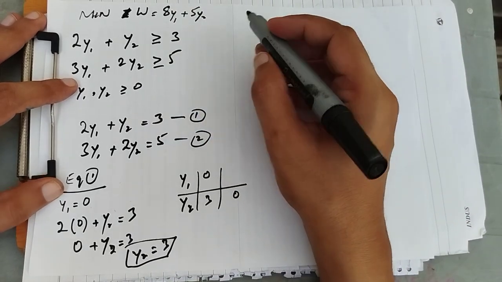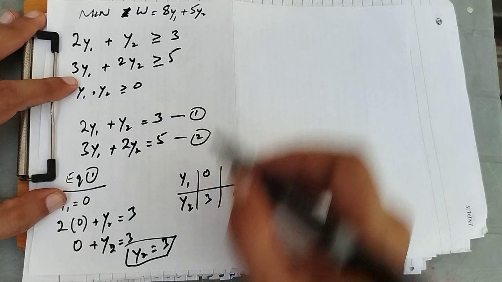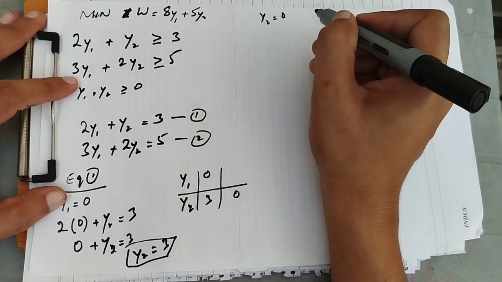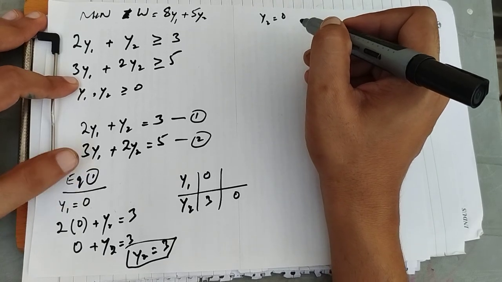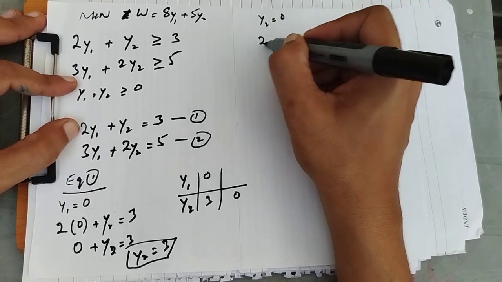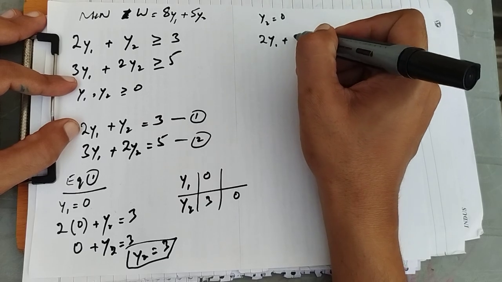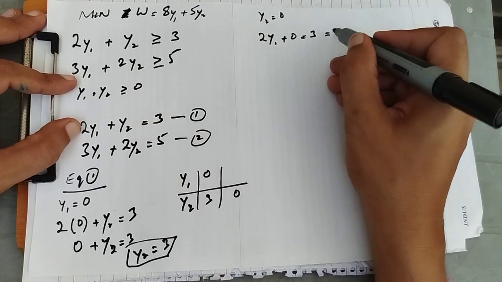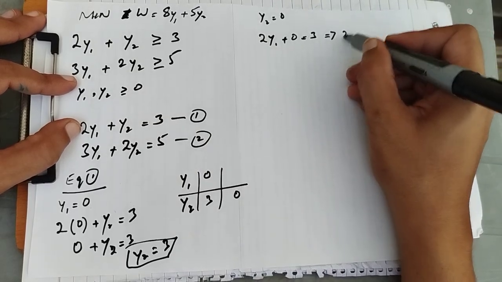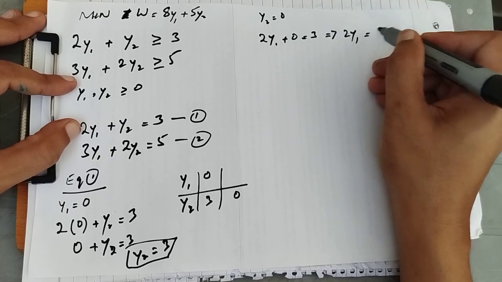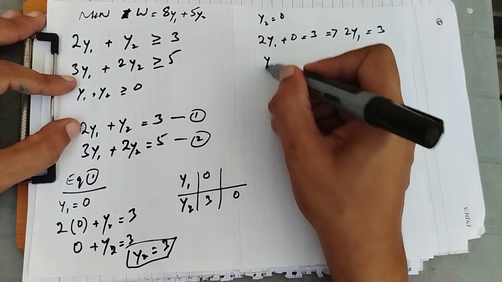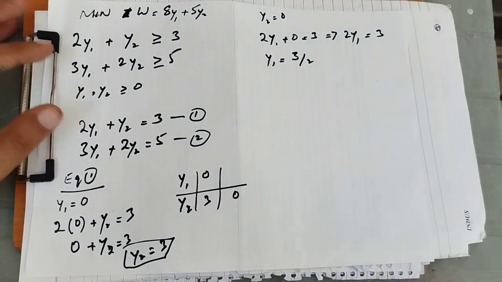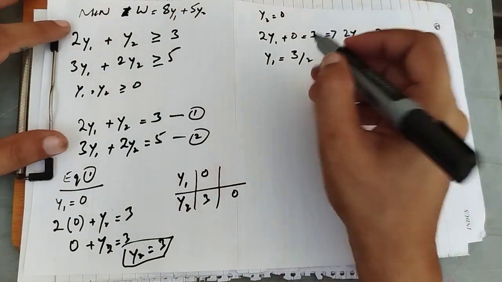For the second point, we put y2 equals 0 in equation 1. So 2y1 plus 0 equals 3, 2y1 equals 3, and y1 equals 3 by 2, or you may write 1.5.